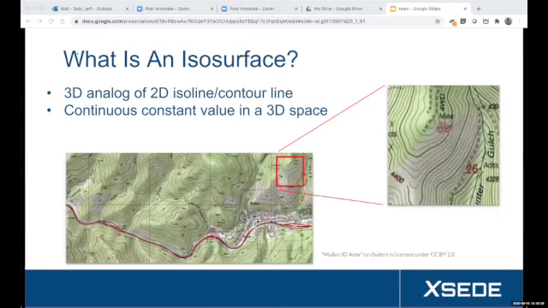Okay, so first, what is an isosurface? Many of you probably already know, but for those who don't, a 3D isosurface is a three-dimensional analog of a two-dimensional isoline or contour line, such as the ones shown here, which are typically found in 2D topographic maps used in orienteering.